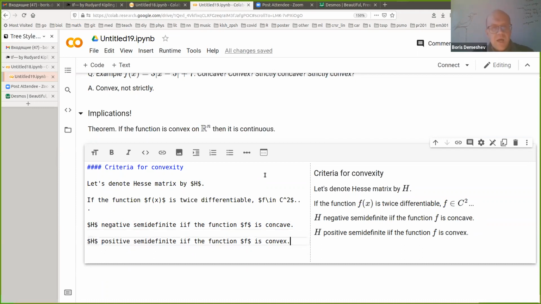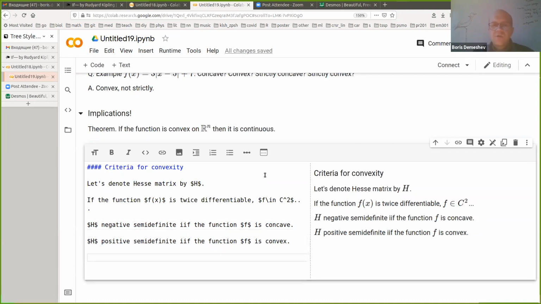And what about strict concavity or strict convexity? Then the implications are one-sided.